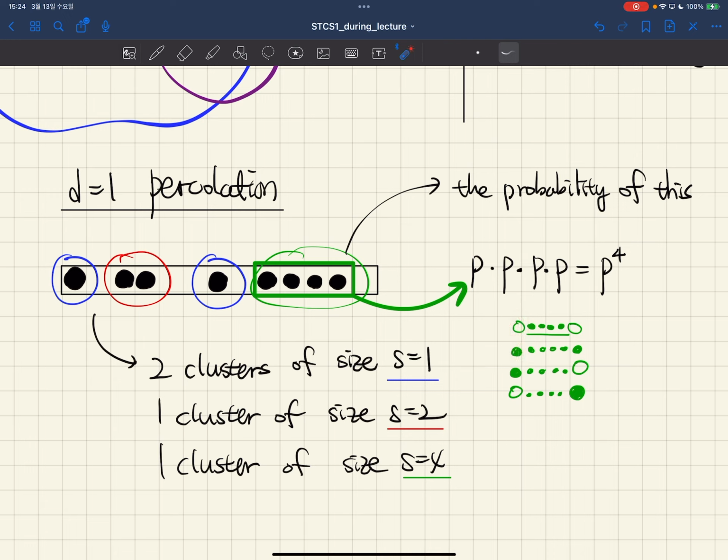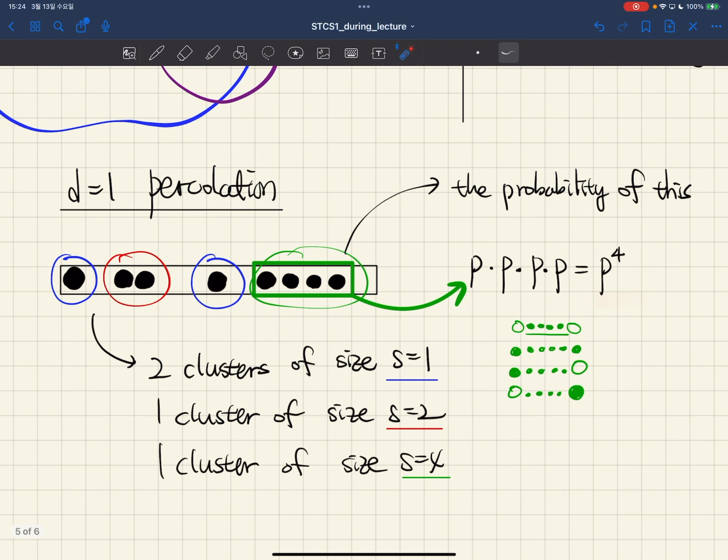So actually, if we just write down this probability, this overestimates the possibility of the size 4 cluster. Because we try to calculate the probability of a size 4, but the real situation where we have a cluster of size 4 is this one.